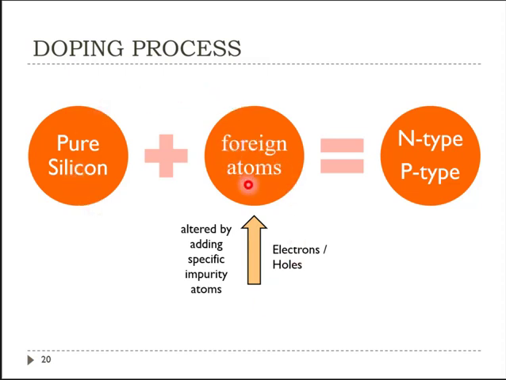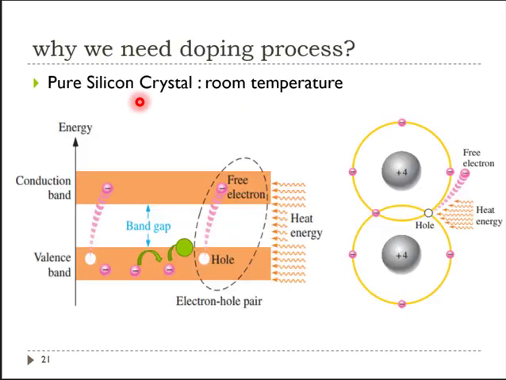Either the foreign atom gives an electron or a hole, and then it will generate the N-type or P-type semiconductor. So why do we need the doping process?